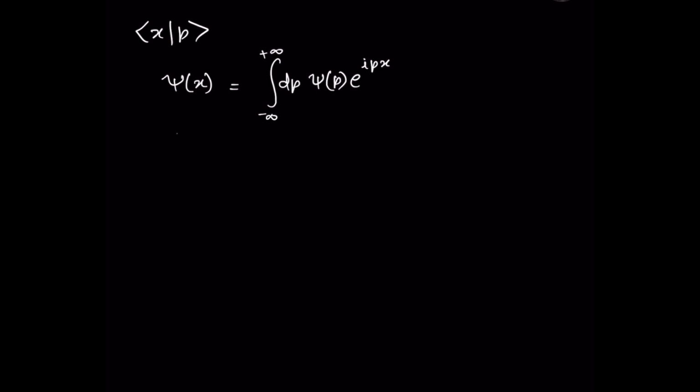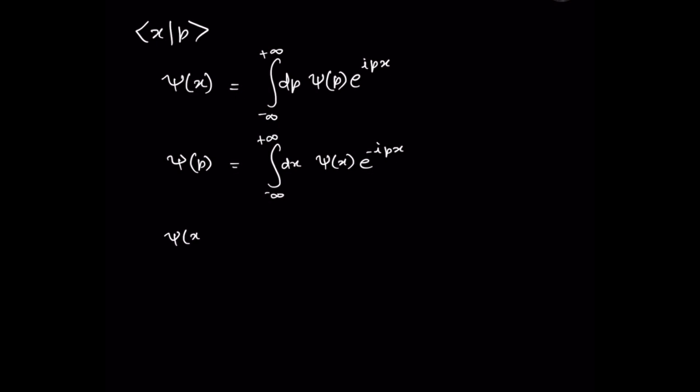And the reverse Fourier transform for this would be psi of p equals the integral from minus infinity to plus infinity dx psi of x e to the power minus i px.